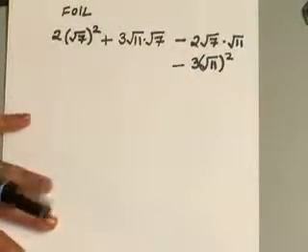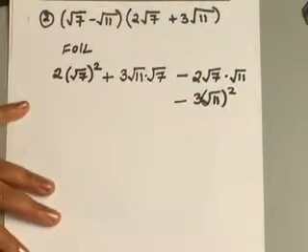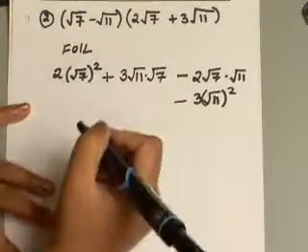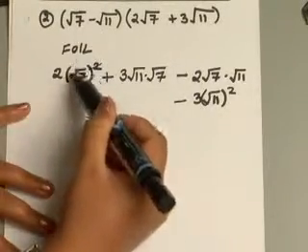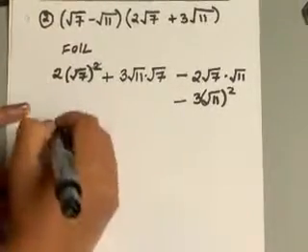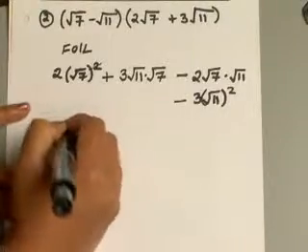Okay, now let's go ahead and simplify what we have here. Again, square will cancel out the square root, and you will end up with 2 times 7.